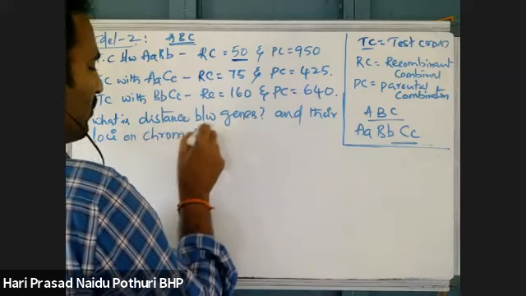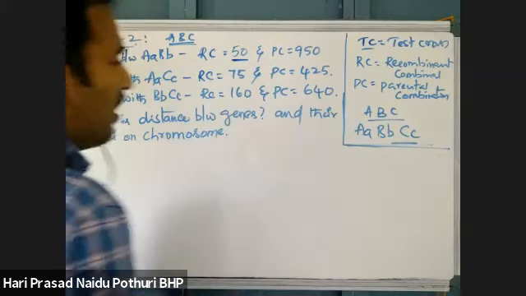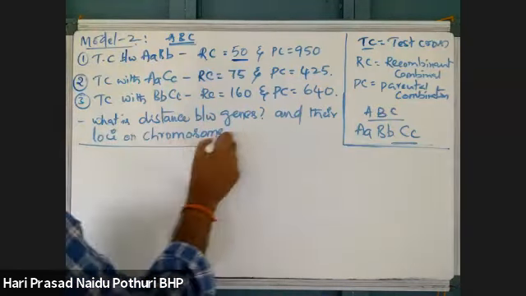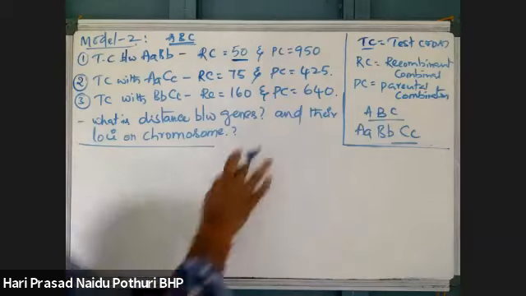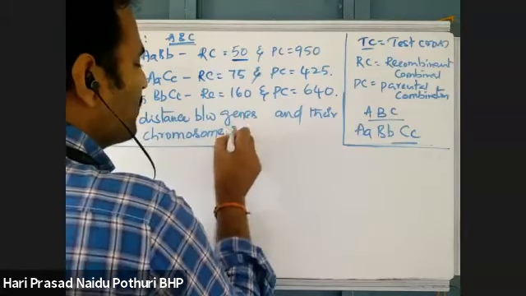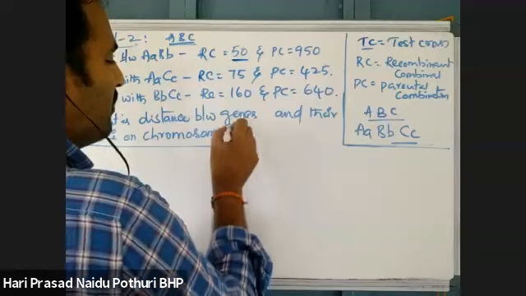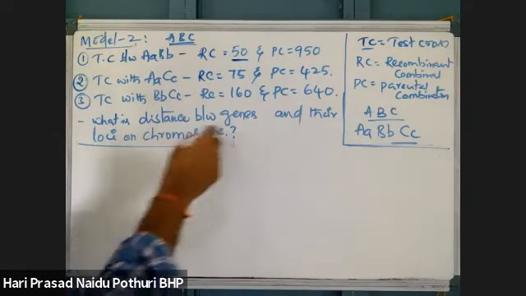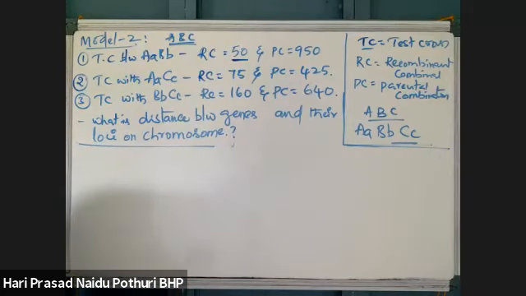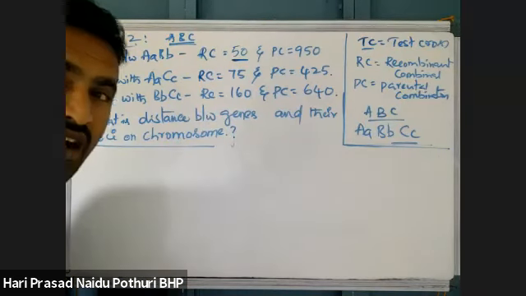On the chromosome, what is the order of the genes? That is the question. With 2 genes we can find it easily, no problem. With 3 genes, the distance between genes we can find very easily. But how to find the order?